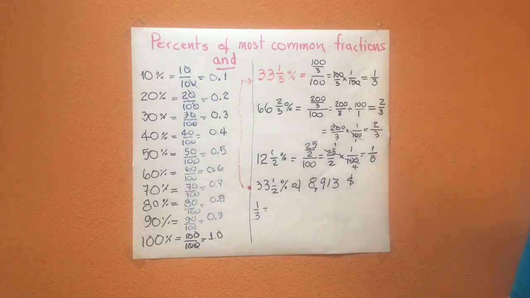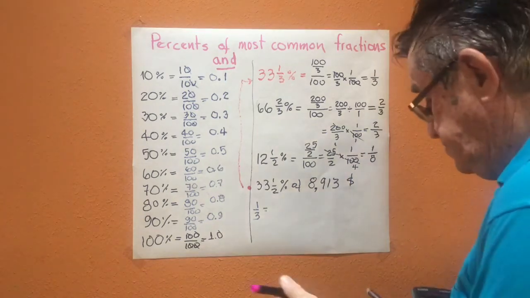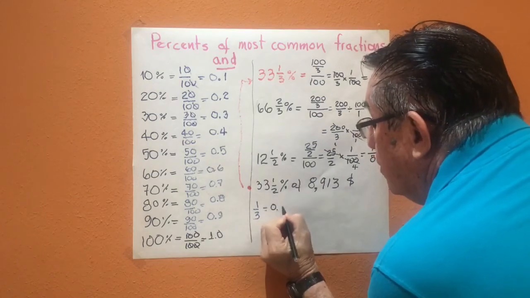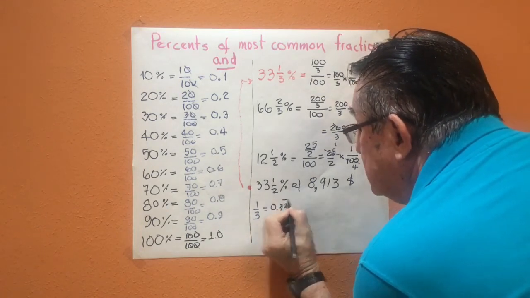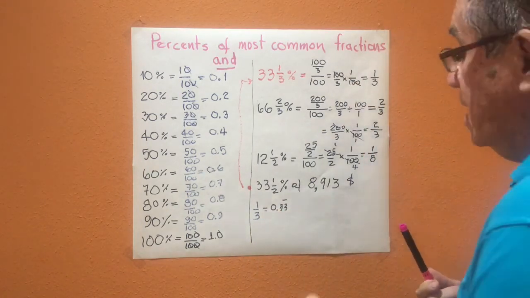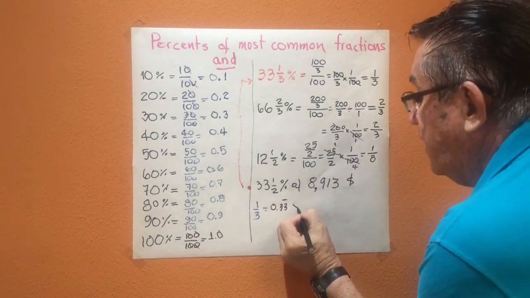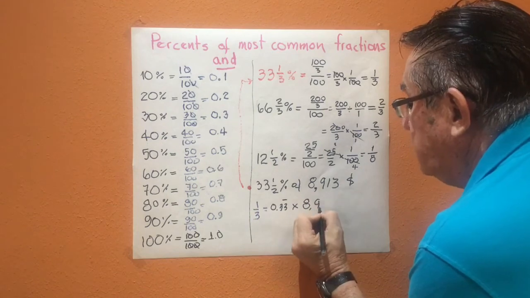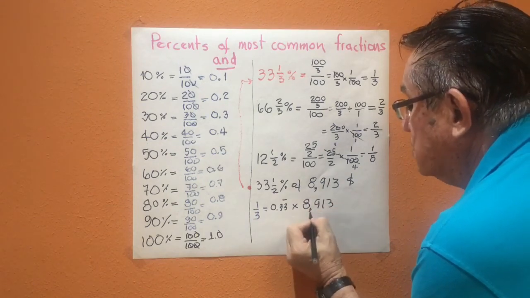Well, let's find out how much is 1/3 in decimal form. Okay, 1 divided by 3 is going to be equal to 0.33. Since it's a repeated decimal, I only have to multiply it times my price, which is going to be $8,913.